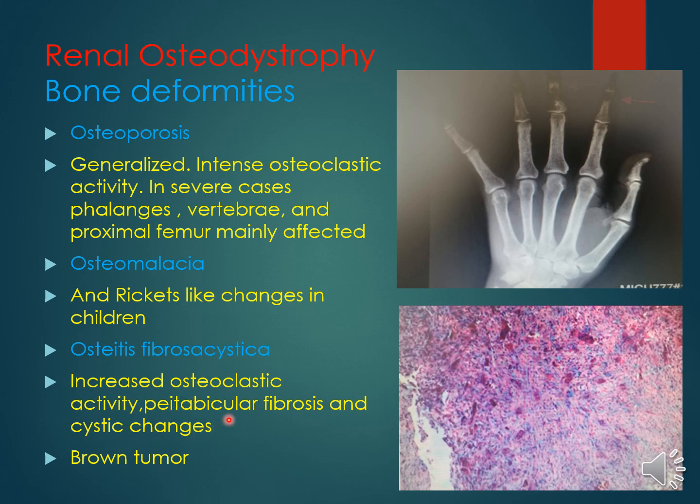Then sometimes it may turn into a tumor known as brown tumor, where you have excessive fibrosis. You can see over here, fibrovascular tissue is increased, and there will be many osteoclasts over here, and there may be some hemorrhages which ultimately give brown color to the bone, known as brown tumor.